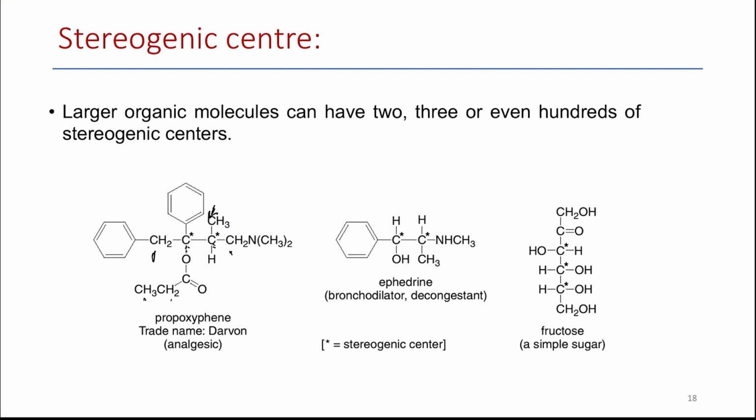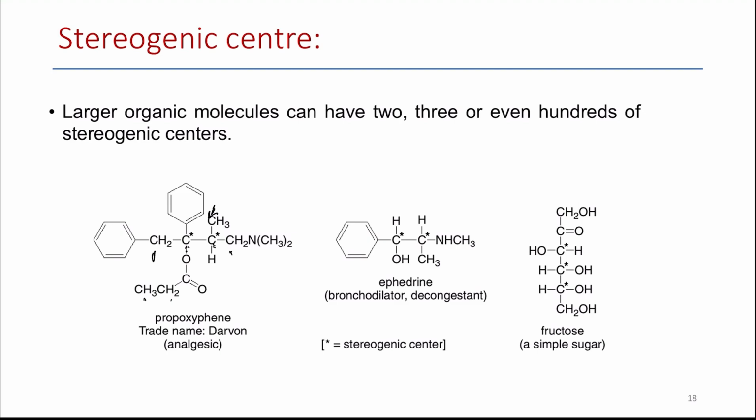We need to look at them one by one to decide whether these carbons are chiral or not. This first one here, CH2, is not chiral because it already has two hydrogen atoms which are identical.